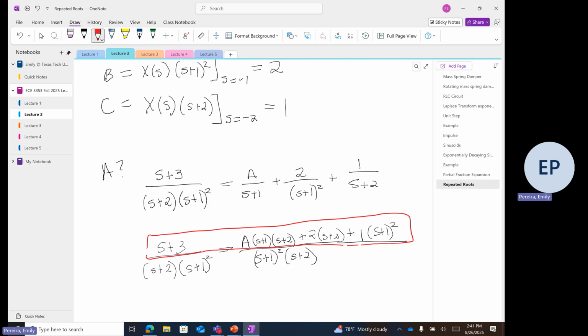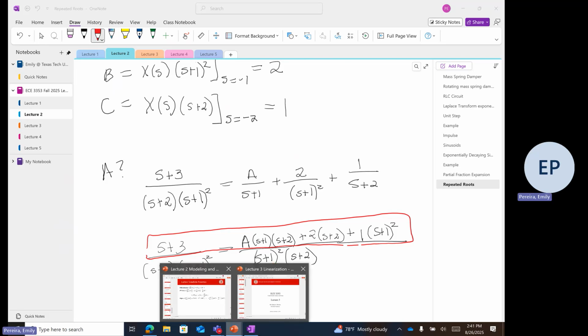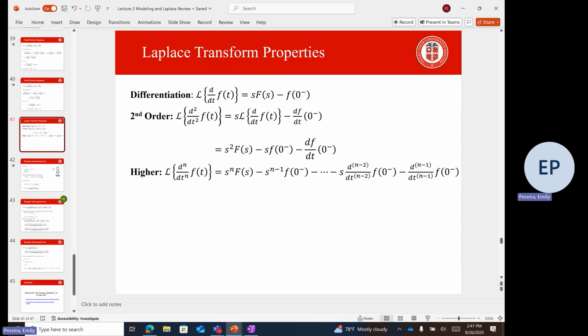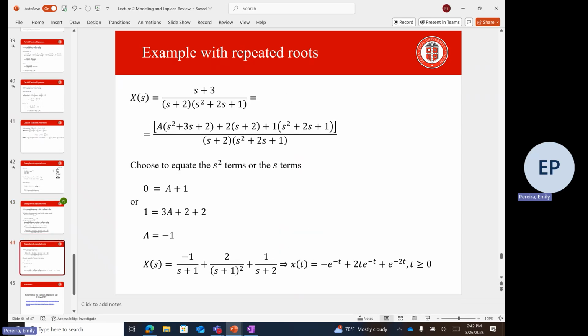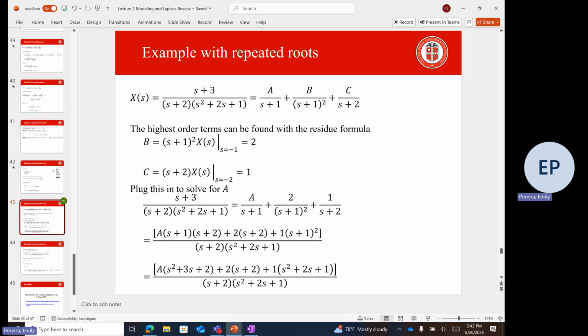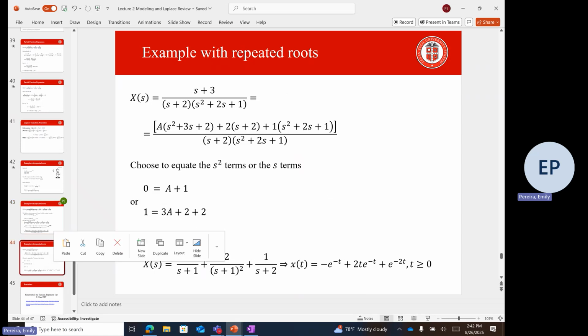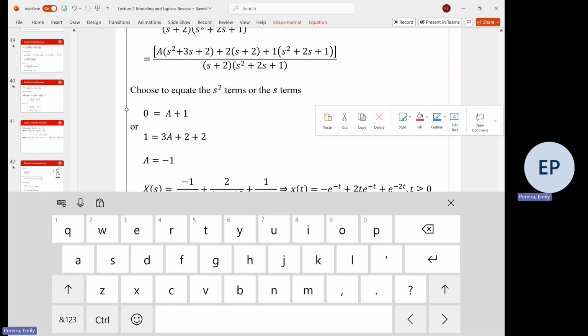Okay, so there are many steps in the algebra to do this. I'm going to skip past this. So if you follow from this slide here on down, you'll see the steps. So we got to this point here. And so you just continue to multiply all this out, and then you're left with the following.